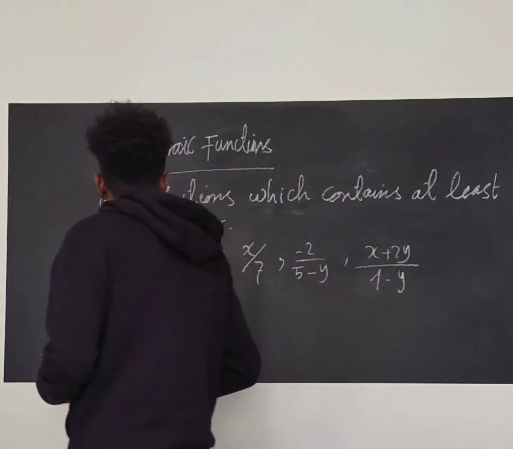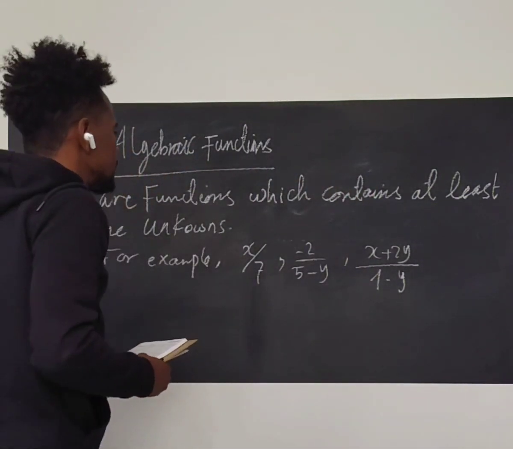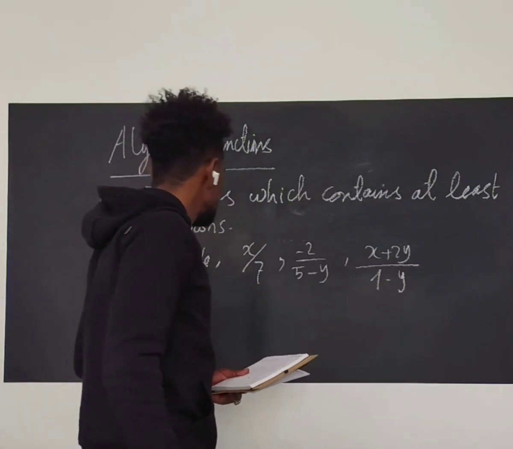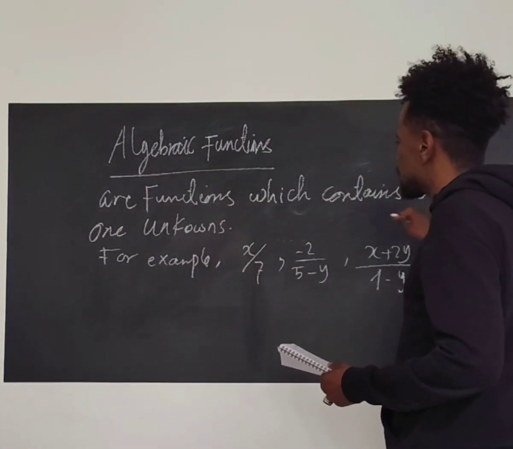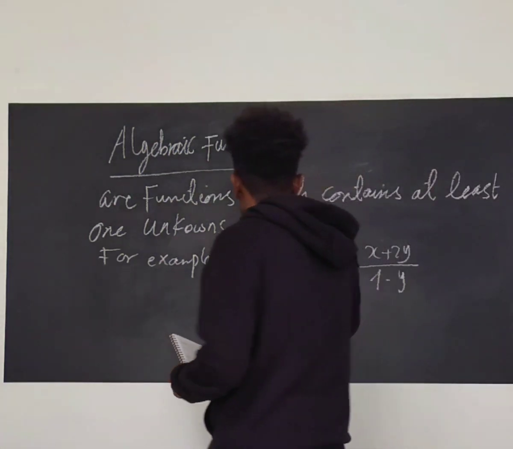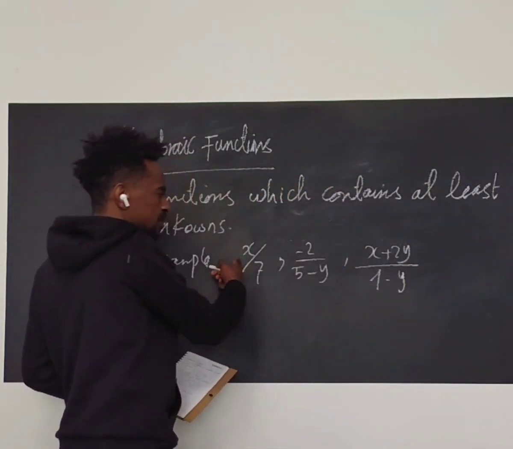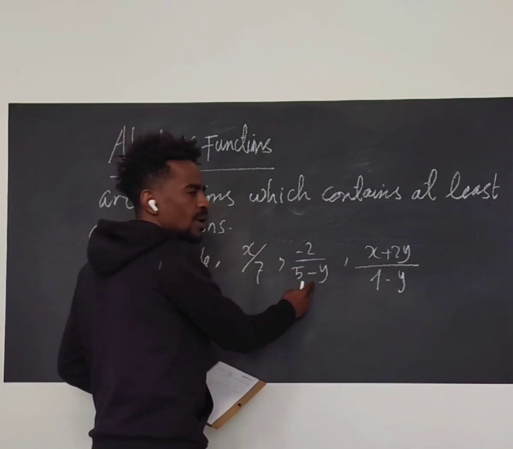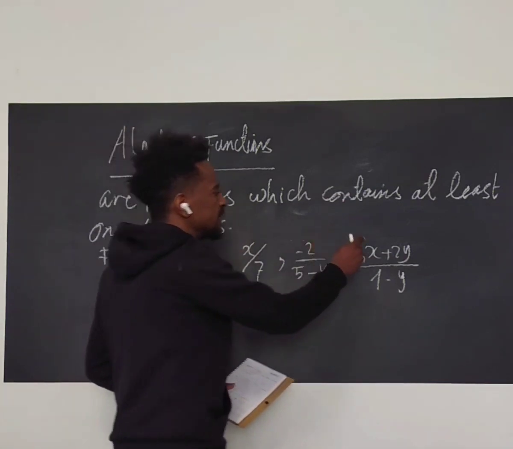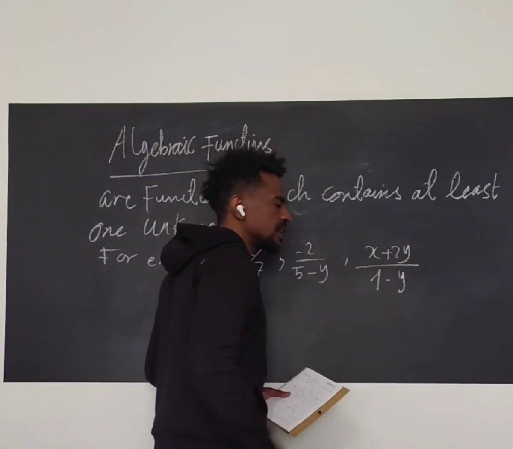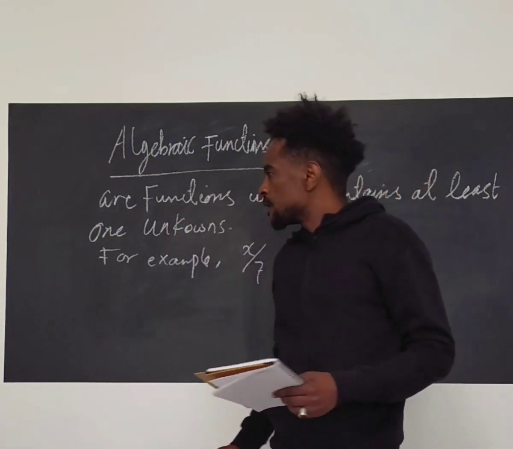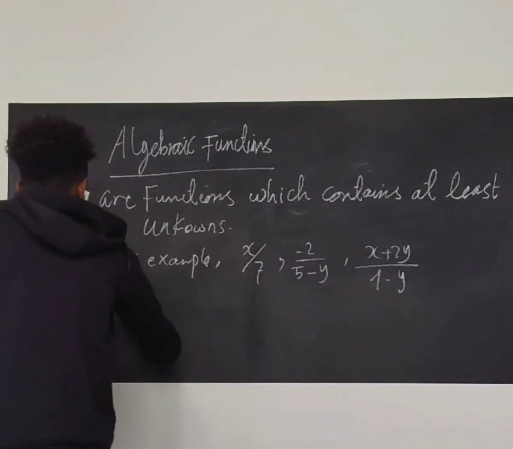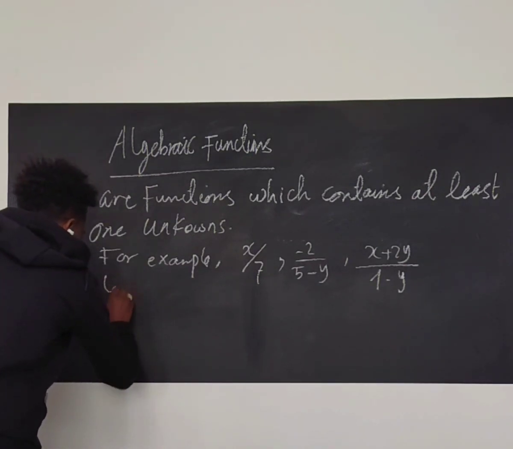So, those are called algebraic functions, and you can see they contain at least one unknown. So the x here is the unknown, here y is the unknown, here we have x and y, and those are also unknowns.